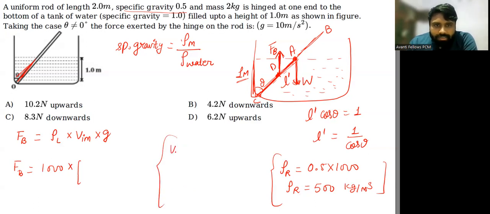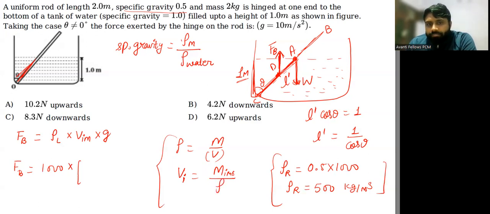Now we know that volume immersed will be density of rod into mass. Can we say that? No, because density is given by mass upon volume, and we are interested in volume. So volume immersed will be mass immersed, which is inside the liquid, divided by density of the rod.